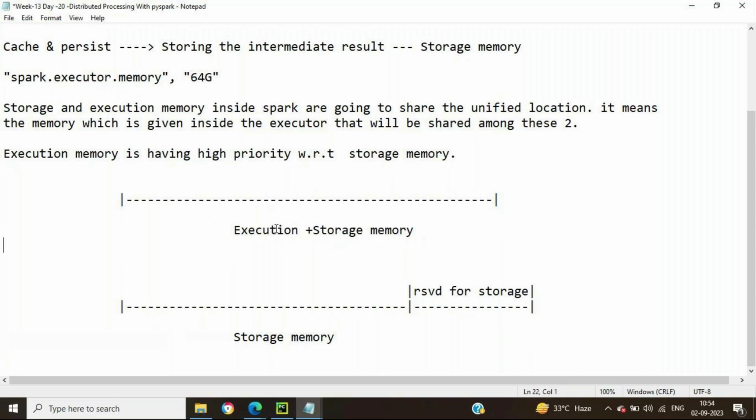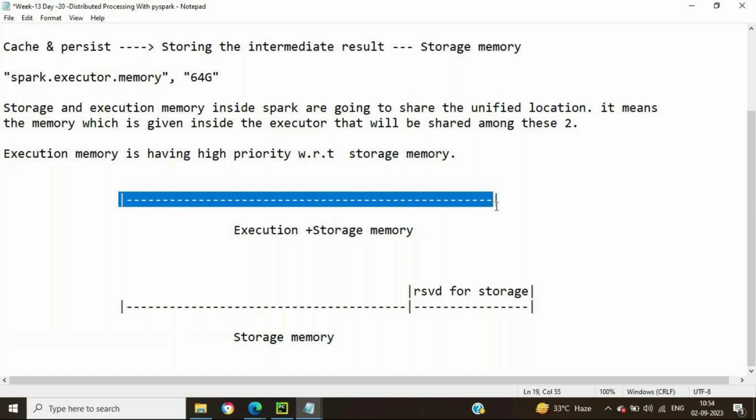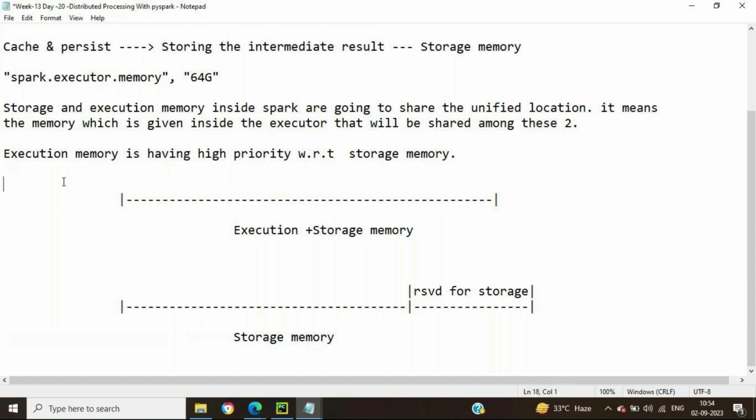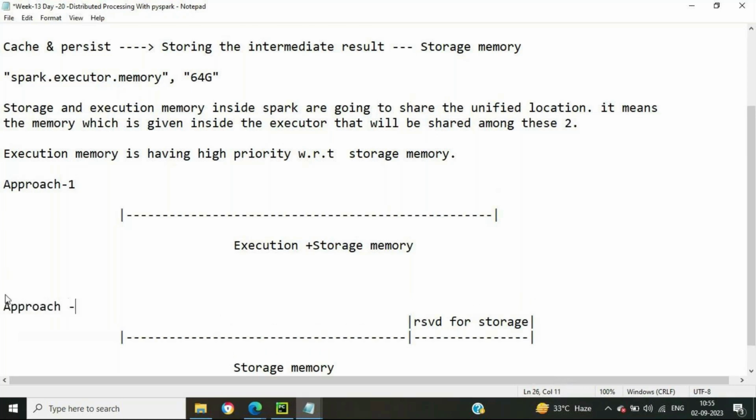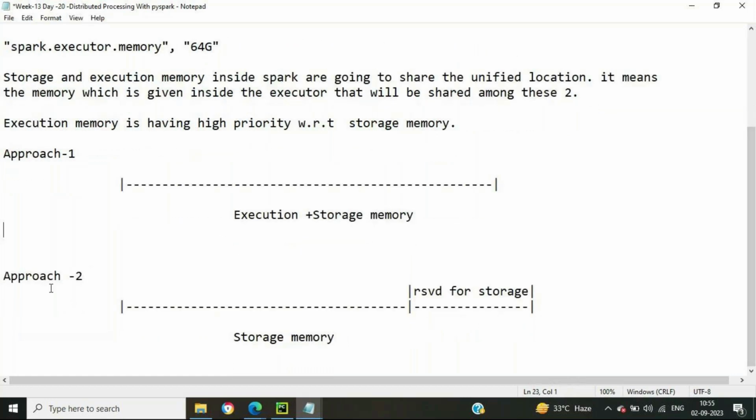But once the execution comes, the applications are coming, then the storage memory needs to evacuate the entire memory. So this particular approach has a certain drawback, say approach 1 and approach 2. Now you need to tell me, say I'm going to use cache and persist.